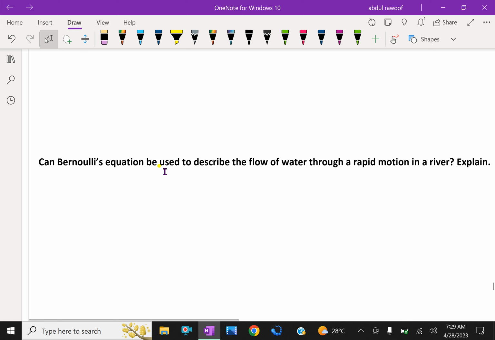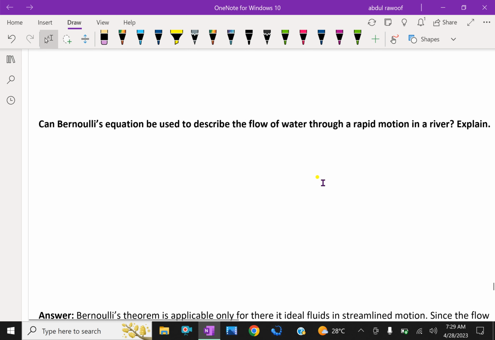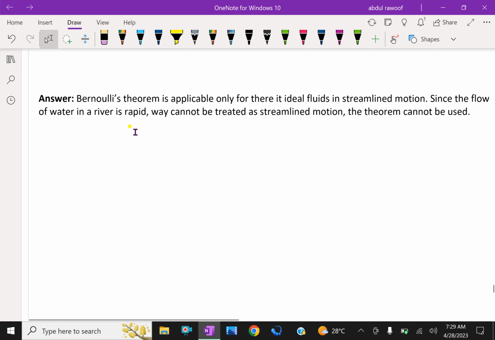Can Bernoulli's equation be used to describe the flow of water through a rapid motion in a river? Explain. No. The Bernoulli equation cannot be used because this flow is rapid. Bernoulli's theorem is applicable only for ideal fluids in streamlined motion.